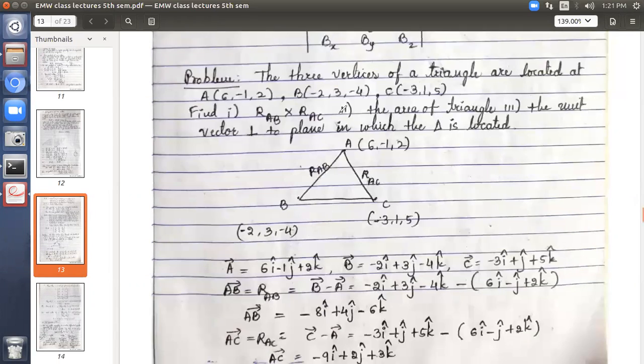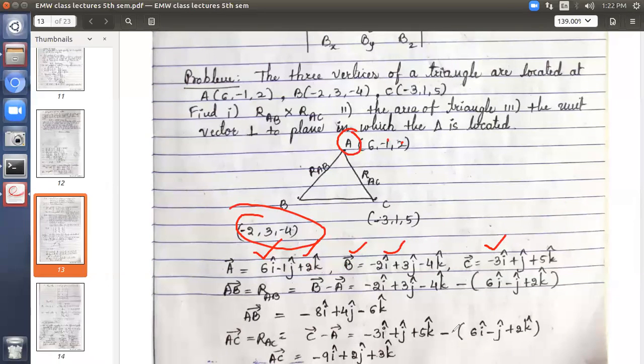How to find the cross product? Point A is given to you, so you can write the A vector as 6i minus 1j plus 2k. Then the point B is given, so write the vector as minus 2i plus 3j minus 4k. And the point C is given to you, write the C vector.